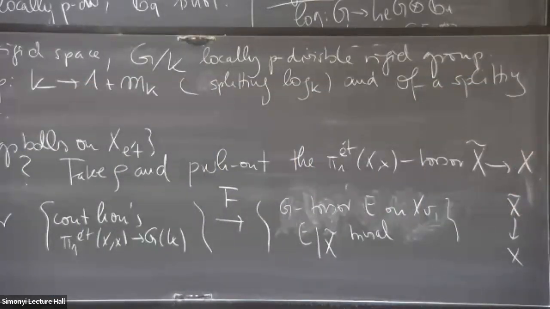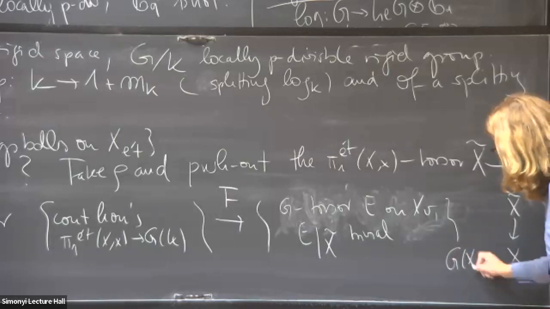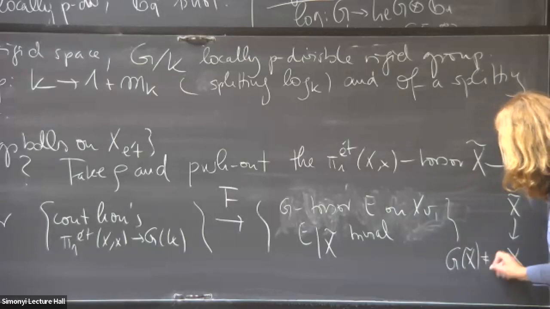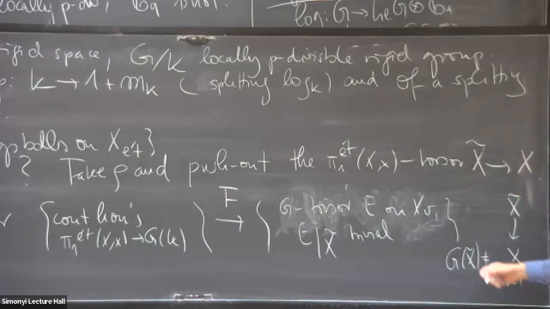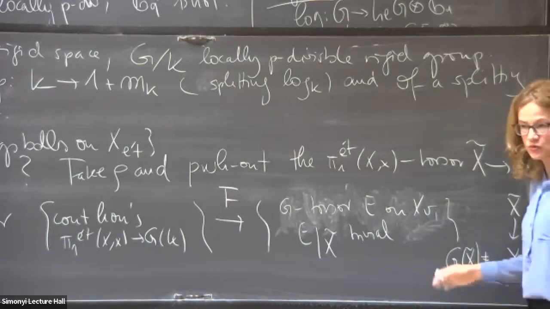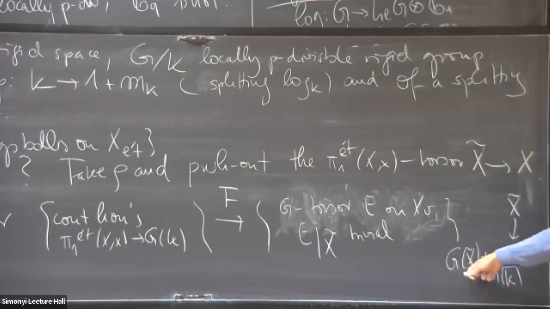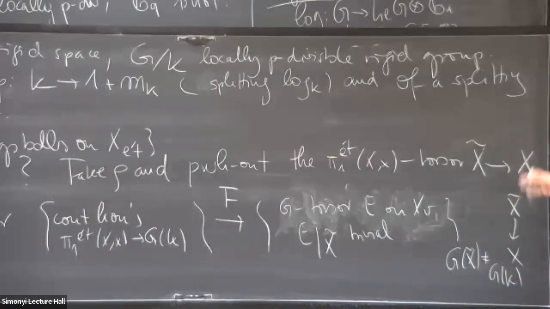But then you realize that everything is perturbed if this is not G of K, if this is bigger than G of K. If G is a linear algebraic group, you will have no global sections here, but this is not true in general. So you will suddenly get cohomology classes under this group, and you want cohomology classes under this group. So you have to work quite hard to show that this is actually the same. These are not the same, but the cohomology will be the same.